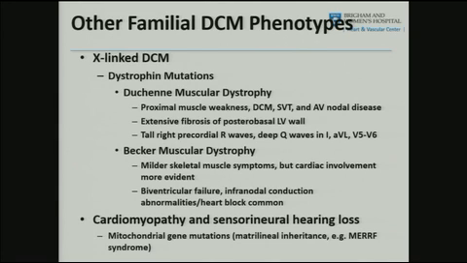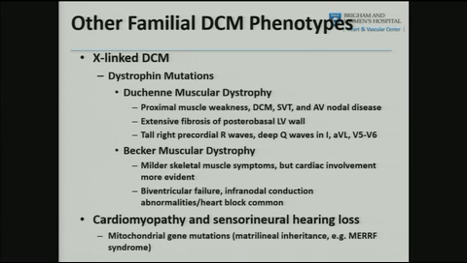The patient that has trouble, for example, sitting up from a seated position without using their arms. In association with dilated cardiomyopathy, supraventricular tachycardia is an AV nodal disease. On pathology, there's extensive fibrosis of the posterobasal LV wall, and that results in tall right precordial R waves with deep Q waves in 1, L and V5, V6, the lateral LV leads.